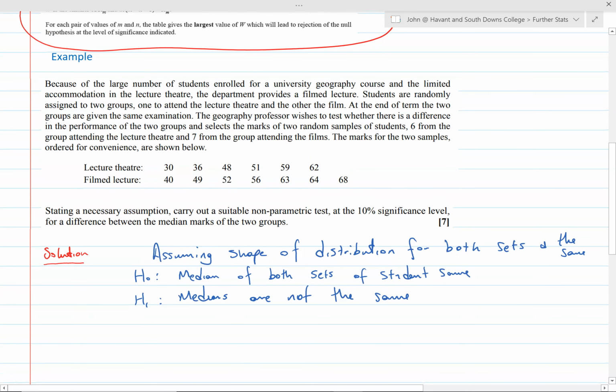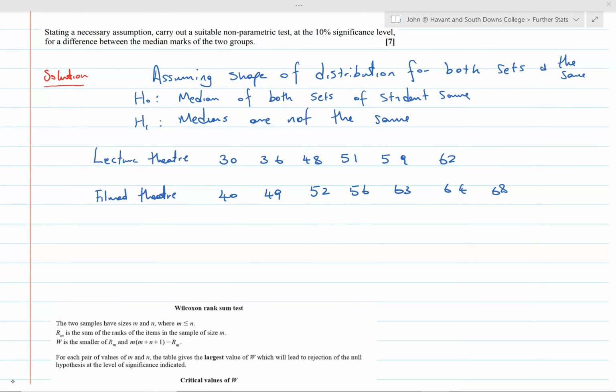I've just rejigged the layout here, and remembering that the crib sheet is in the formula book that you're given. The first thing is the two sample sizes, m and n, where m is less than n. So m is equal to 6, and n is equal to 1 more, so n is 7. So n is the larger of the two.